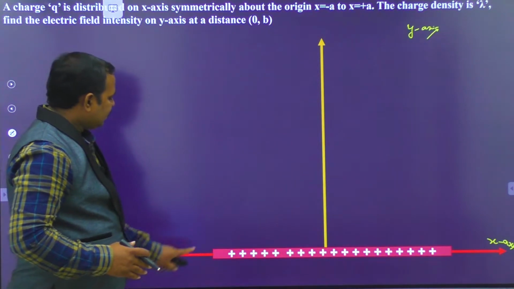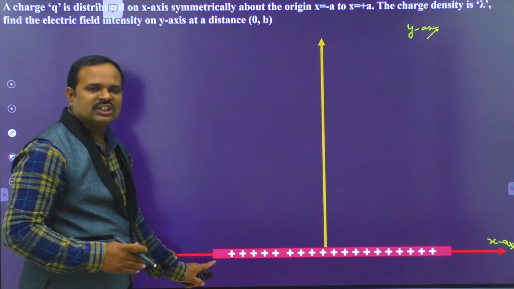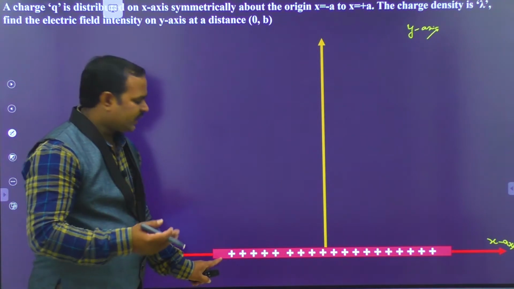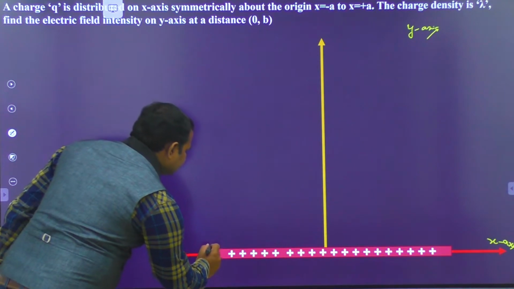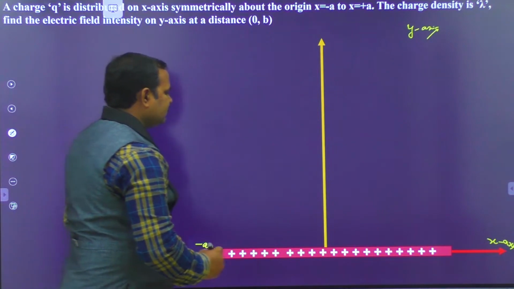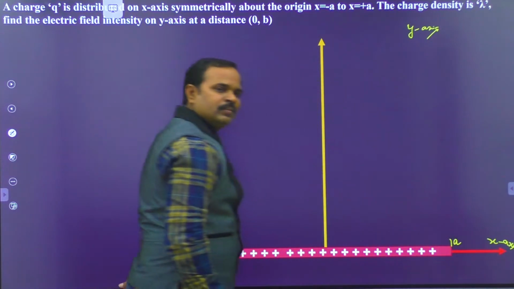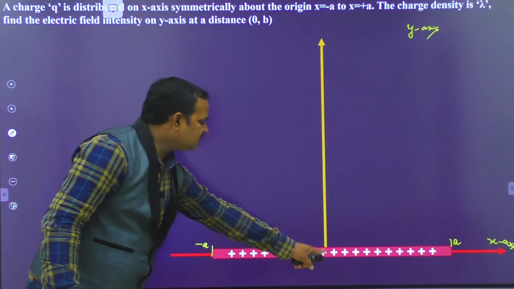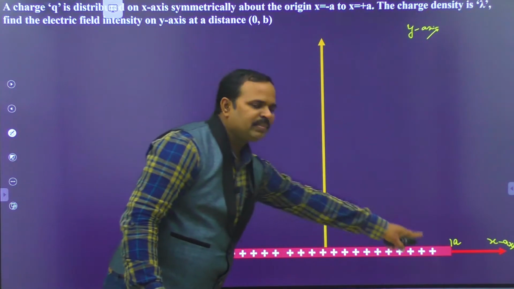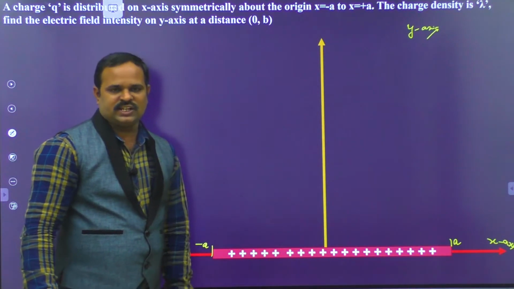This is a finite charge Q which is distributed from minus a to plus a, about the origin. Now the charge is distributed uniformly from minus a to plus a.